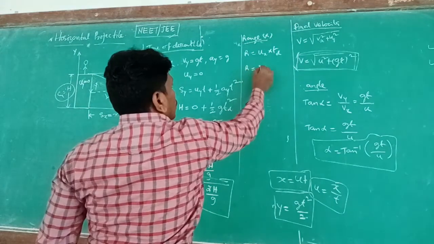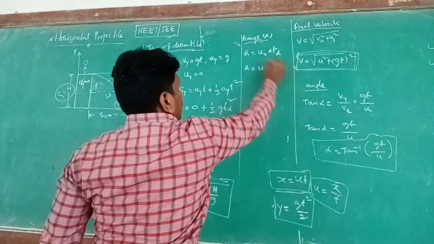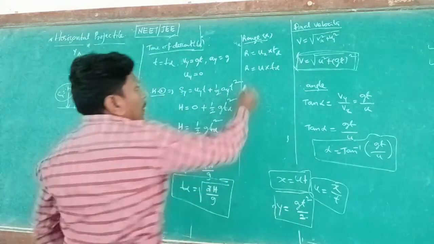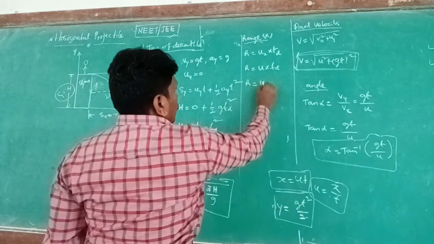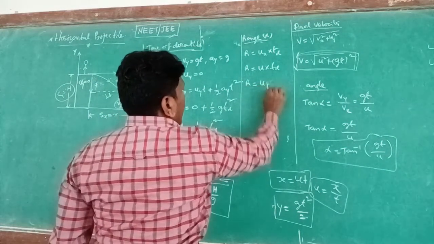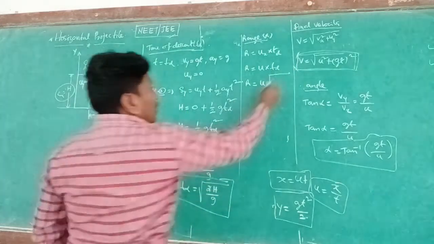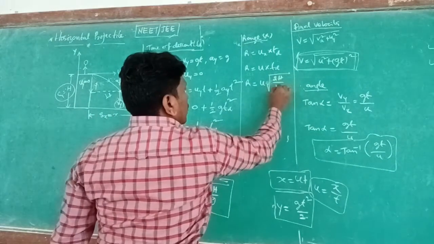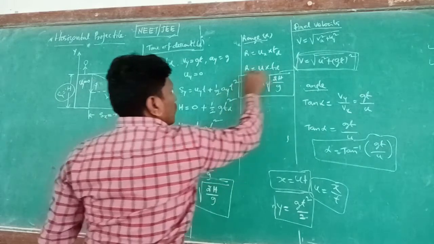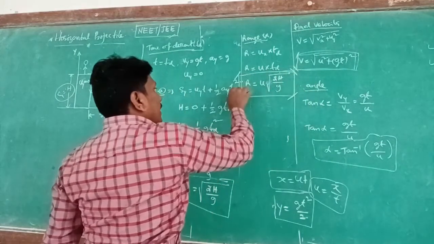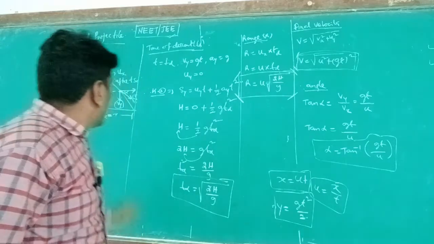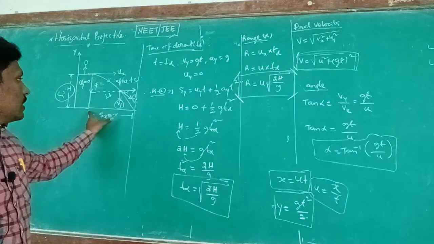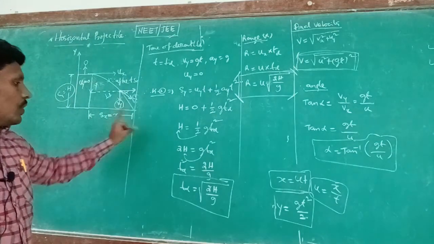Then r is equal to u into td, because ux is equal to u, and td is the square root of 2h by g. This is a very important formula to find the range of this horizontal projectile.